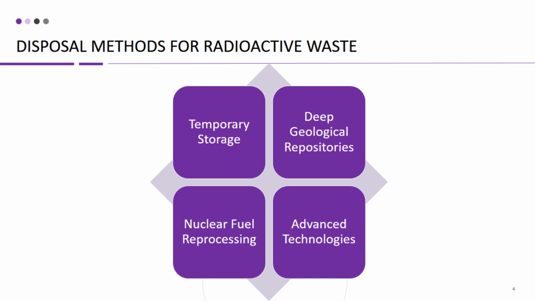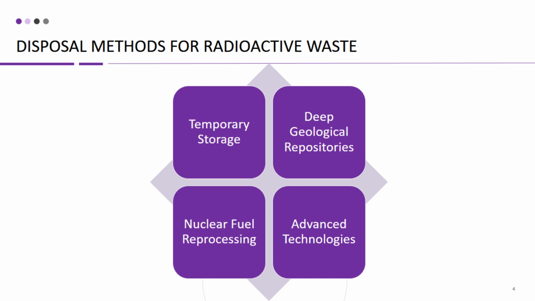Deep geological repositories are engineered facilities designed to store radioactive waste in layers of rock deep underground, ensuring long-term containment. Nuclear fuel reprocessing is a process that extracts valuable materials from used fuel rods for reuse, reducing the volume of radioactive waste.